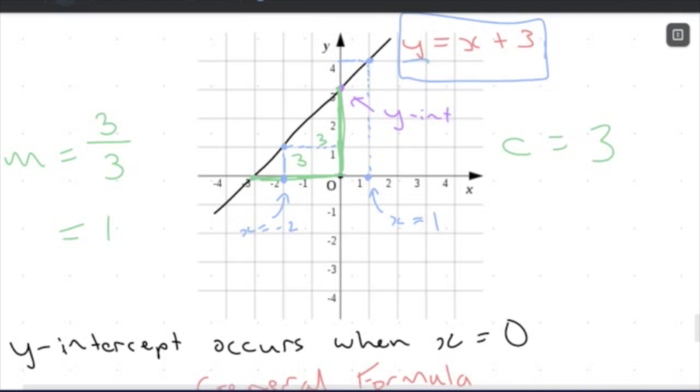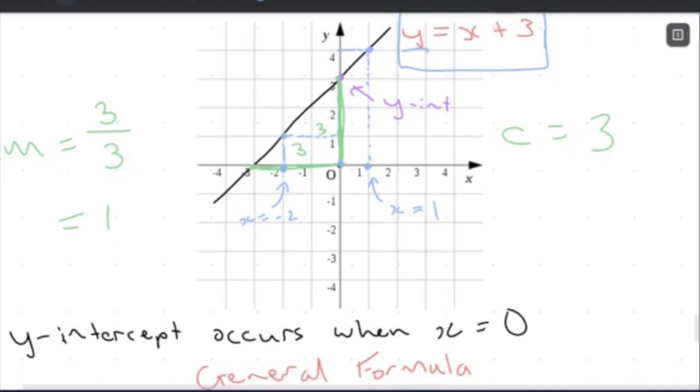Hopefully you can see that here. When x equals 0, that's when we get the y-intercept. So that tells us where the line passes through: what y is when x equals 0, or in other words, where it passes through the y-axis.